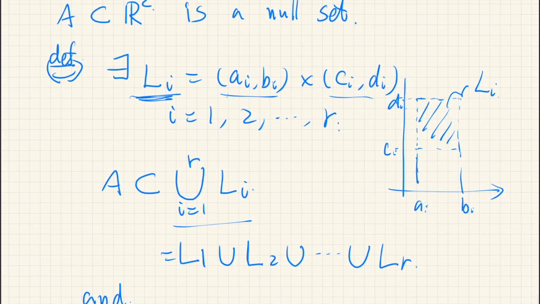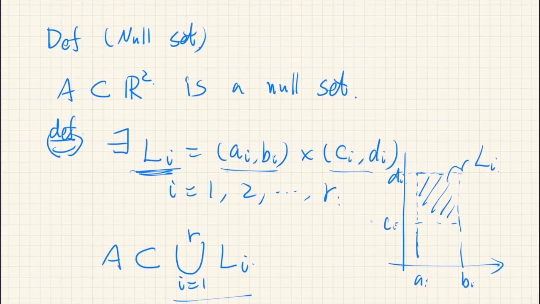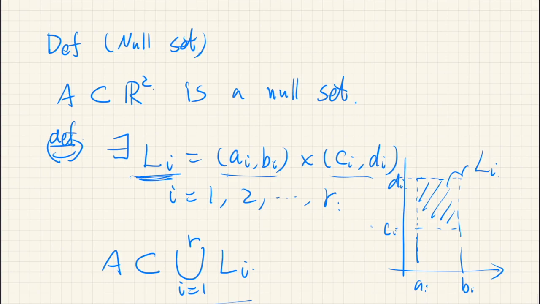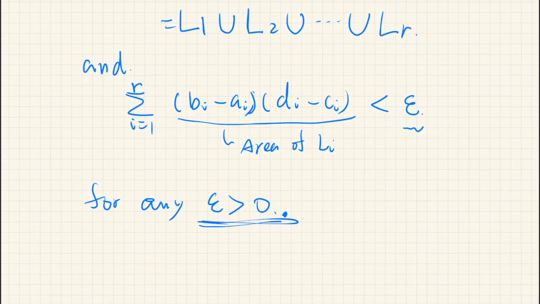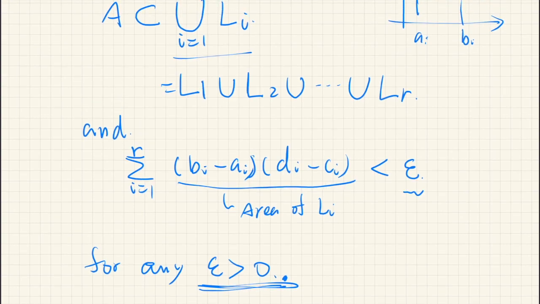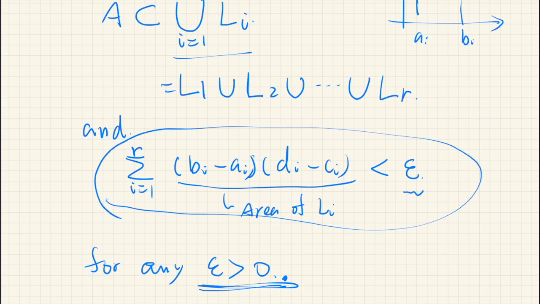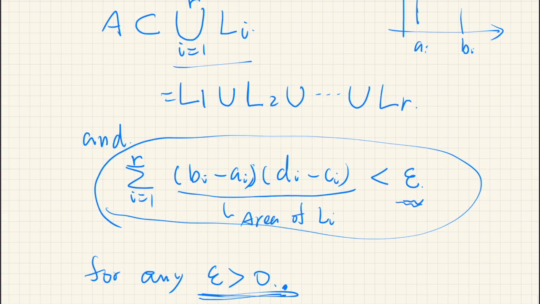So if such a finite number of open rectangular regions exist for A, then we say this A is a null set. Okay, that's fine with the definition, but what does it mean really? Since this epsilon is arbitrary, as long as it's positive, it can be arbitrarily small. So if this inequality holds, then the sum of these rectangular regions can be arbitrarily small.